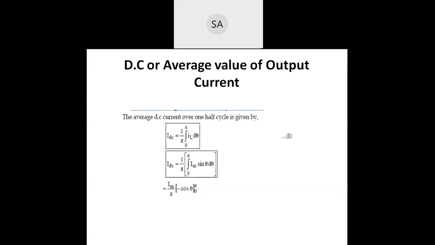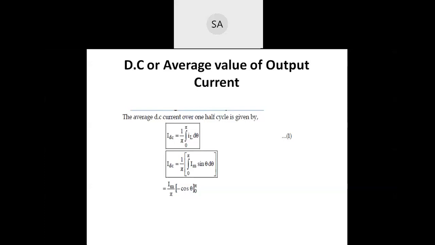Now the DC or average value of output current. The average DC current over one half cycle is given by the following. The positive half cycle and negative half cycle are equivalent, so we are taking only one period, that is 0 to pi. IDC is equal to 1 by pi into the integral of IL d theta, which is 1 by pi integral from 0 to pi of Im sin theta d theta.